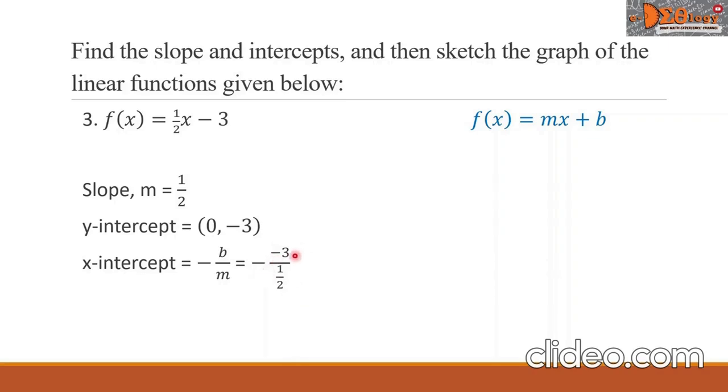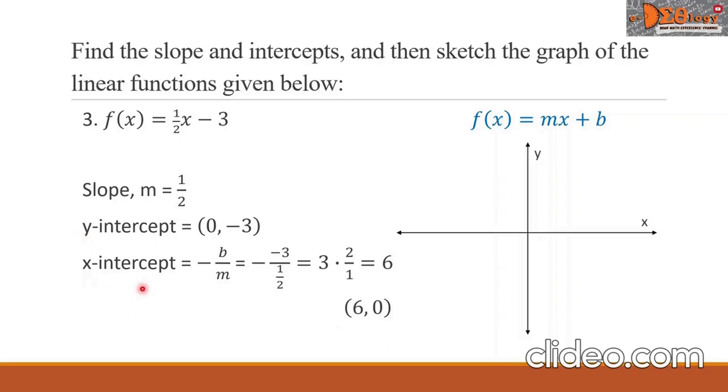So then we copy the 3 times this 1/2, we flip as 2 over 1. Then we multiply 3 by 2, 6, divide by 1 is 6. Then we write this value 6 as a point, and that will be 6 as the x-coordinate and the y-coordinate is 0. Now we have the intercepts, the y-intercept and x-intercept.